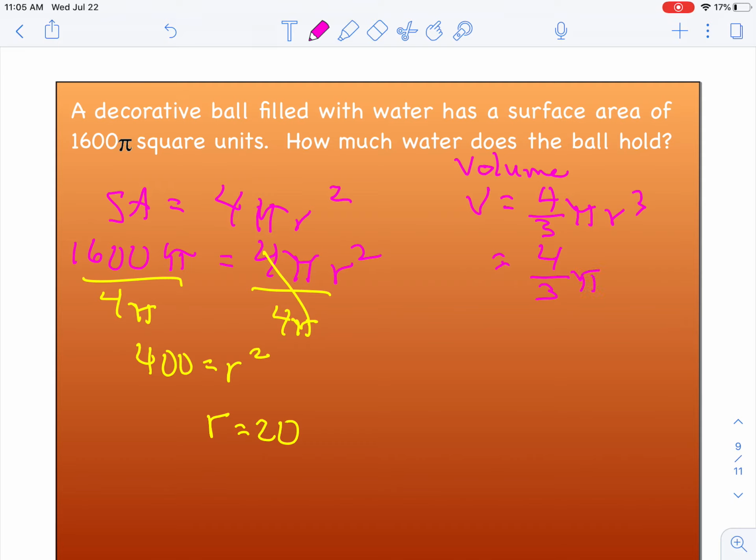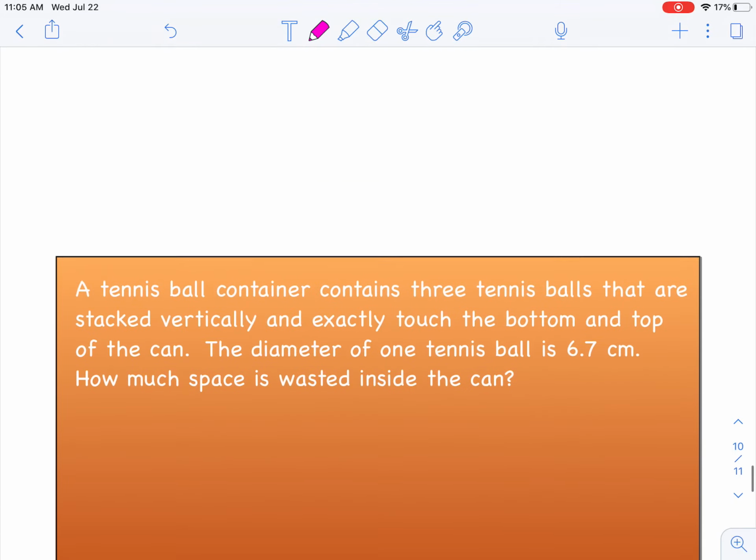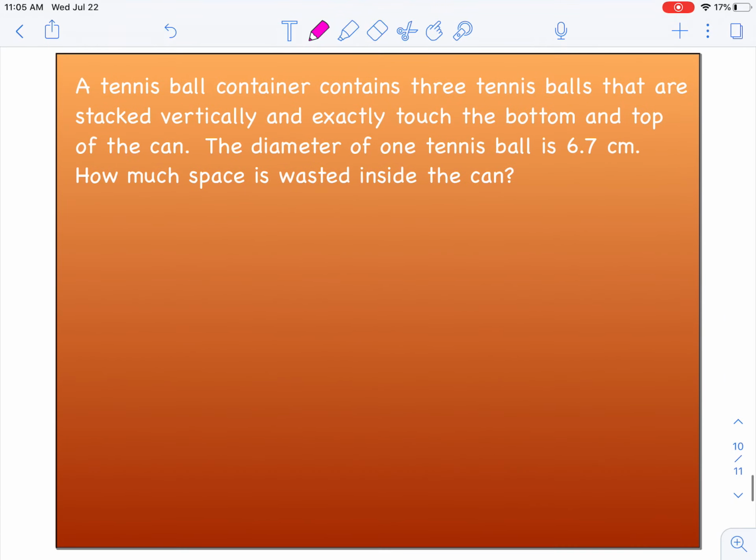So 4/3 pi times 20 cubed. And so that gives me an approximate volume of 33,510.32 units cubed.